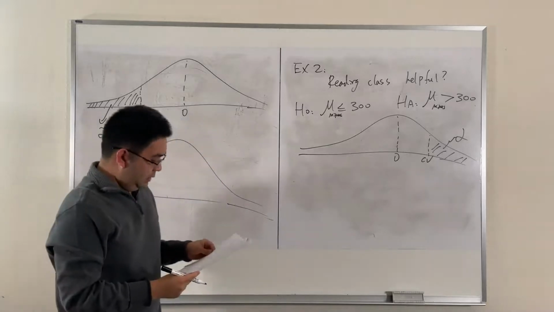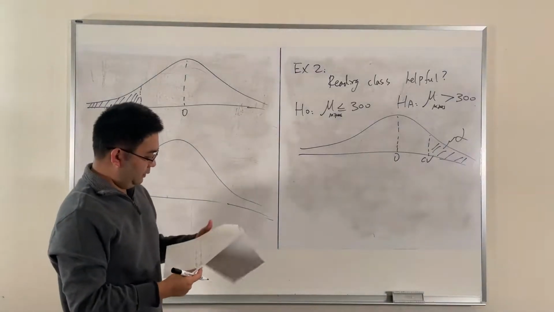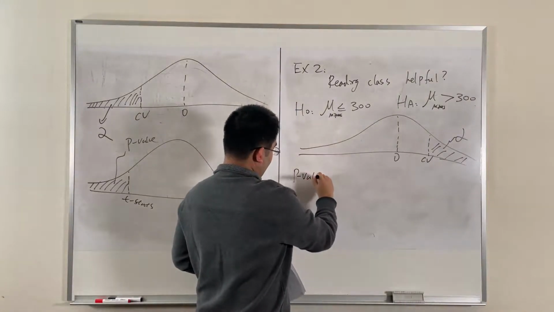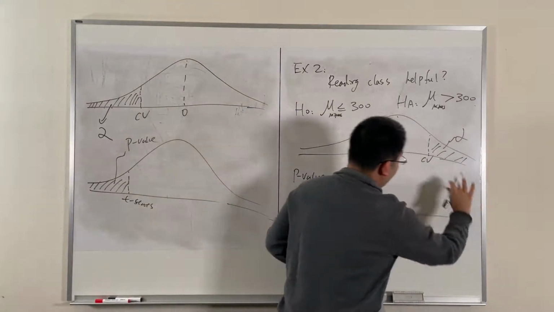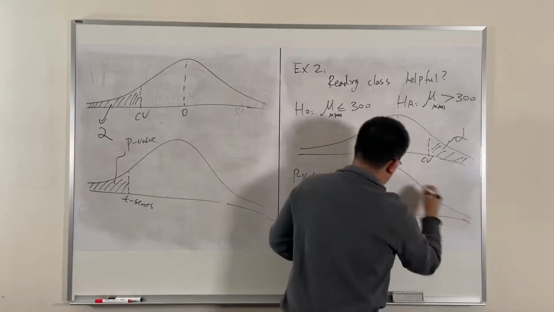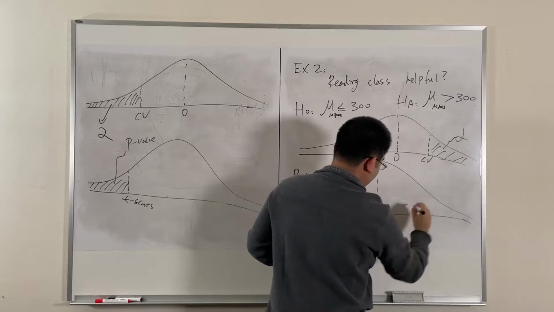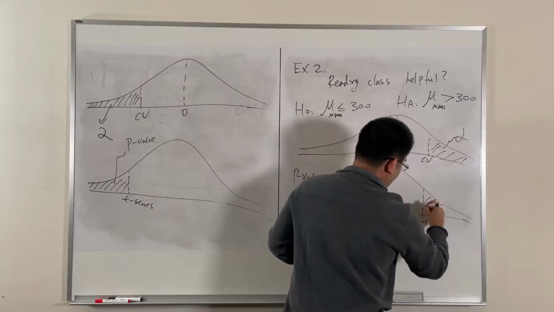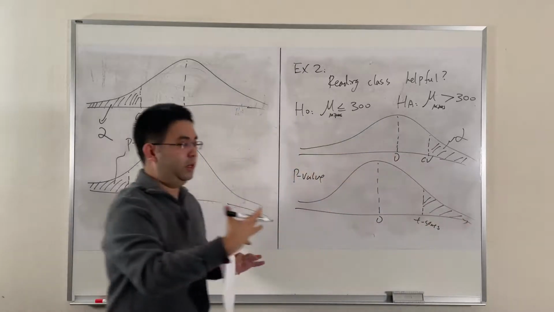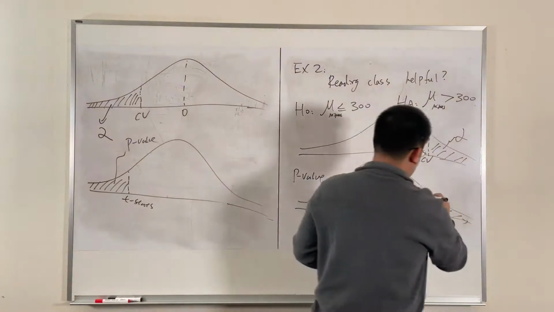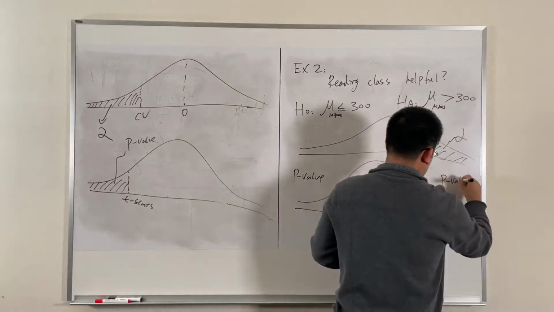Okay, and then for the p-value, you'll be looking at the right-hand side, because you only reject when you observe a bigger value than 300.